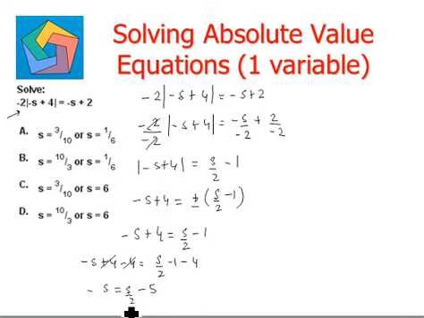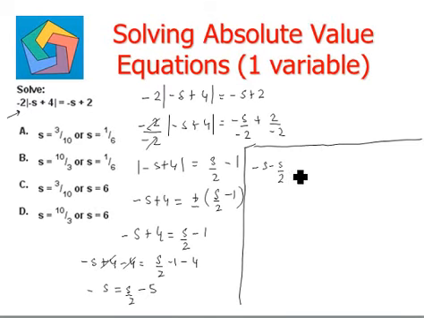Now we'll bring the s by 2 to the left side. We subtract s by 2 from both sides, and we get negative 3s by 2 equals negative 5.